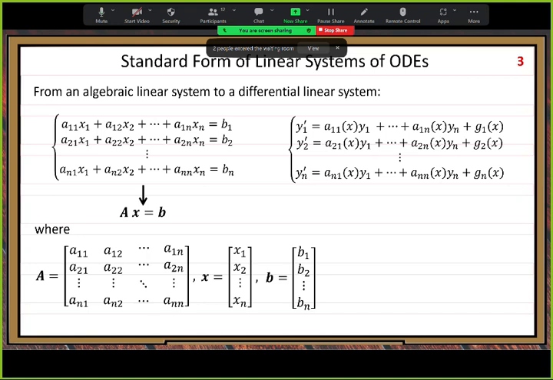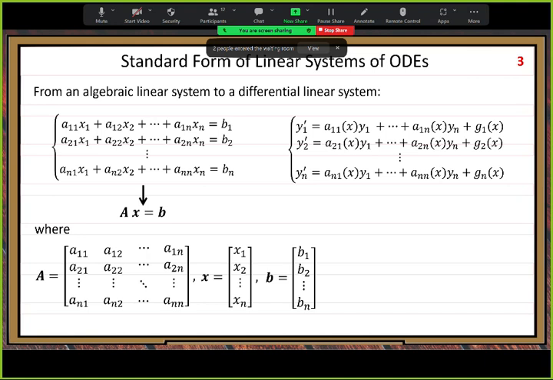But these coefficient functions are functions of the x variable. Here, all these coefficients a are constant. But in this case, they are functions.